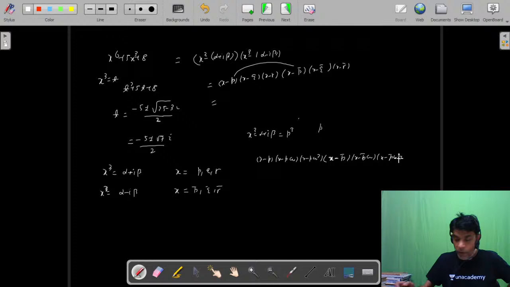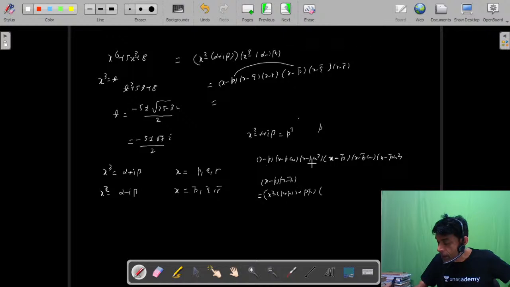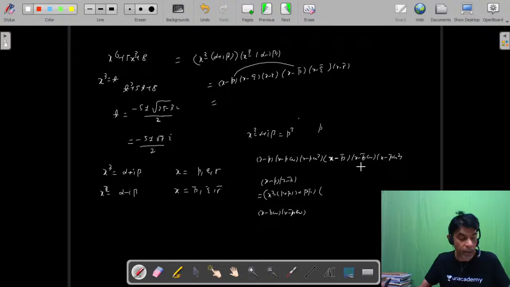So you can have again that x minus p and x minus p bar will of course give you a real factor, x squared minus (p plus p bar)x plus p p bar, this will be real. But the other thing, when you combine x minus p omega and x minus p bar omega, they are not conjugate, right? But then still you can have it, if omega squared also is there, right? So you can combine p omega and p omega squared, and this one. So in total you can combine, and it will still be real again.